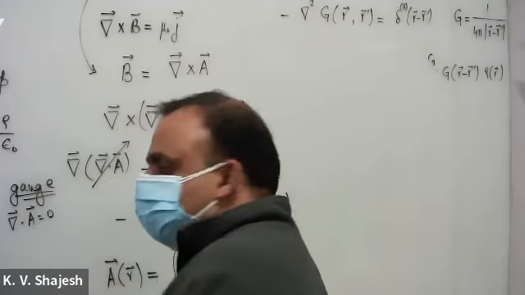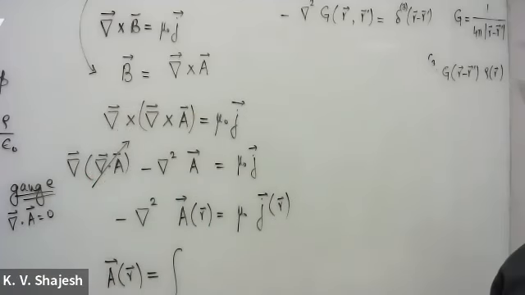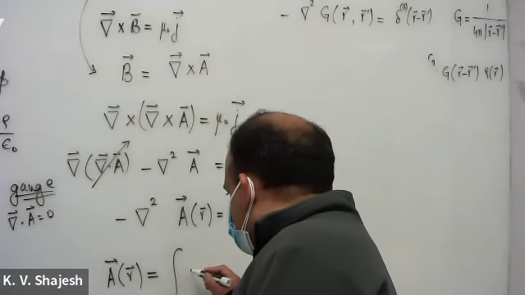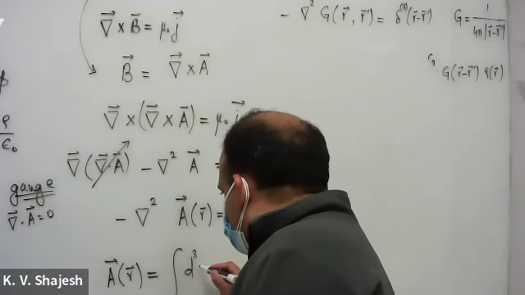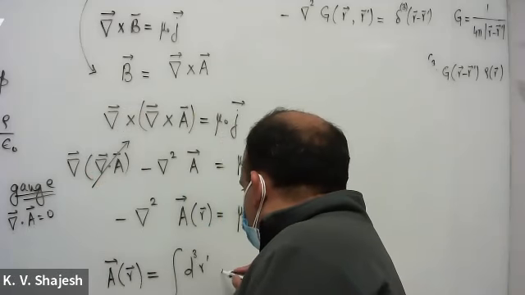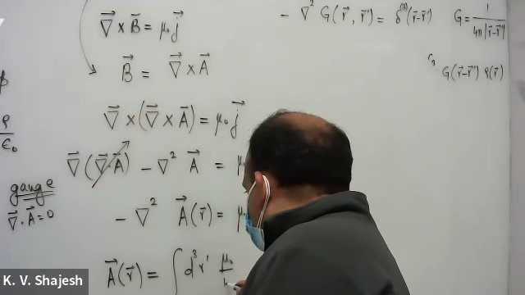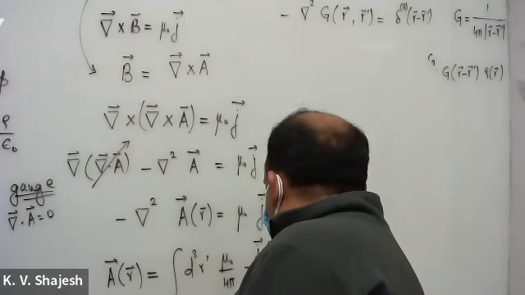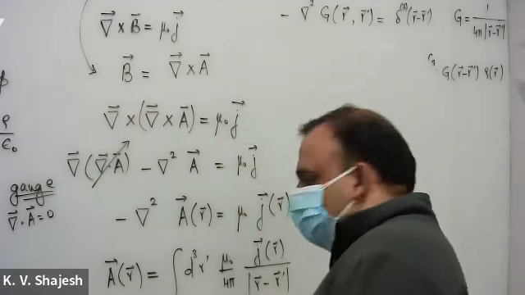Do the integral. Instead of an epsilon, I write mu naught this time. Right? In the numerator, there is d cube r prime and mu naught over 4 pi j of r over r minus r prime. So that's it.